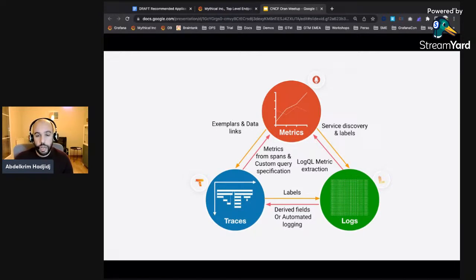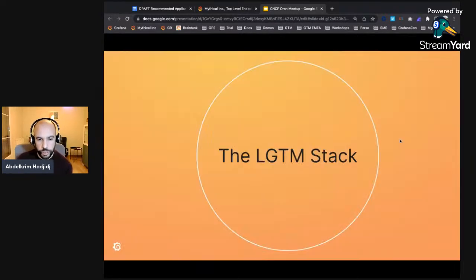And you would like to have features in the platform itself that help you do that. And then from the logs, you want to go to the traces to understand what's happening, and vice versa. I will show you in a demo how this correlation looks and how it can be useful.